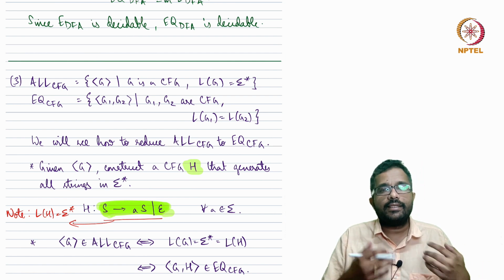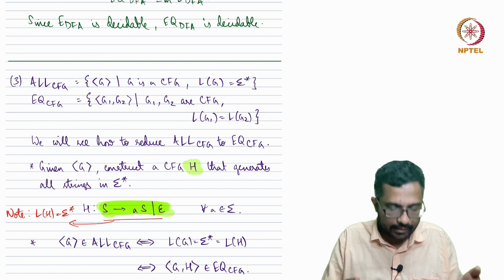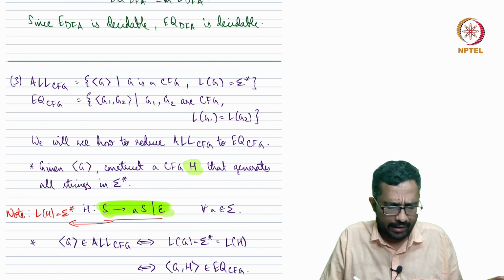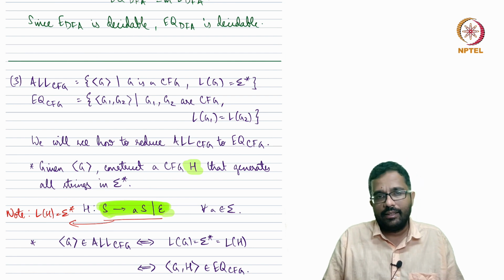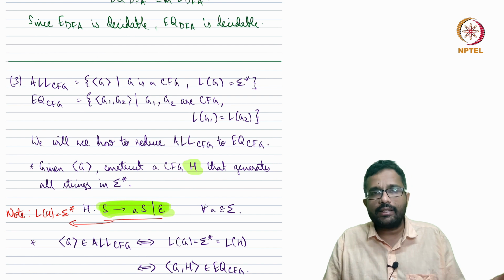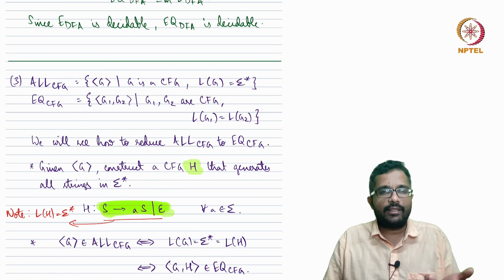Instead of asking does G generate everything, we have constructed a grammar H that generates everything, and the fact that H generates everything is very easy to see, right? So now instead of asking whether G generates everything, we can ask whether G and H are equivalent, because if G and H are equivalent, G will also generate everything, right?